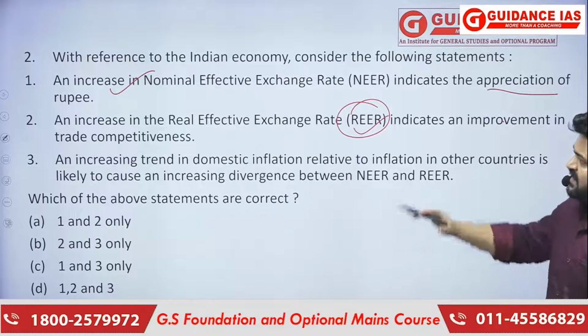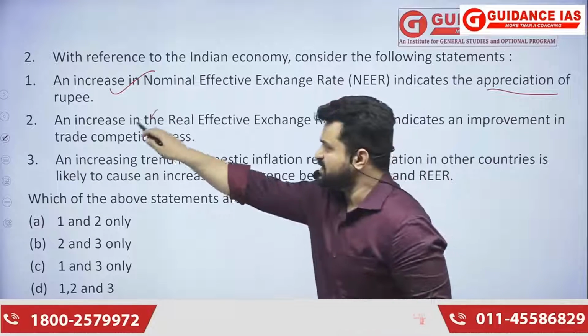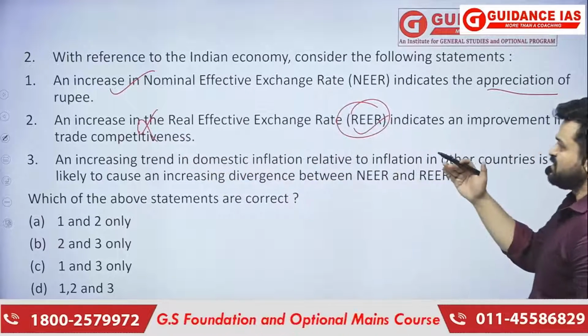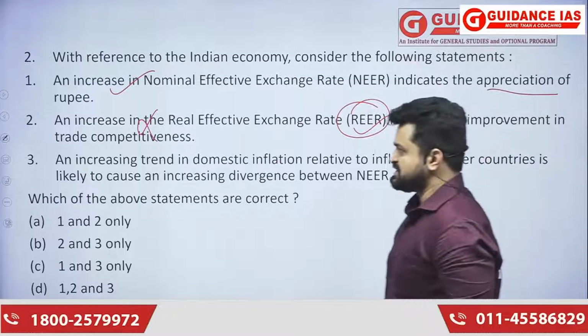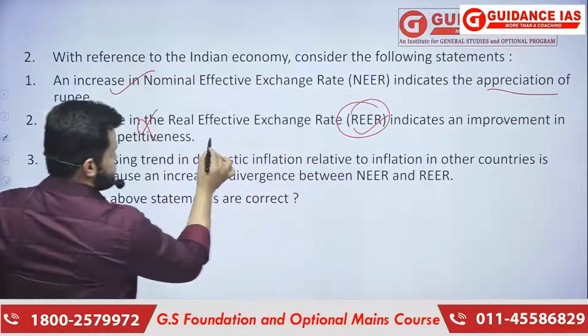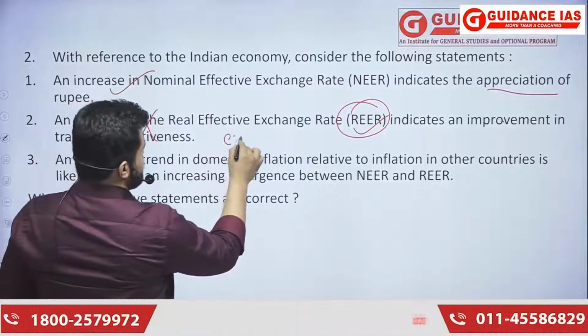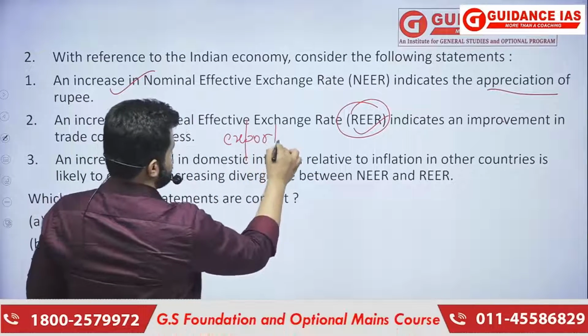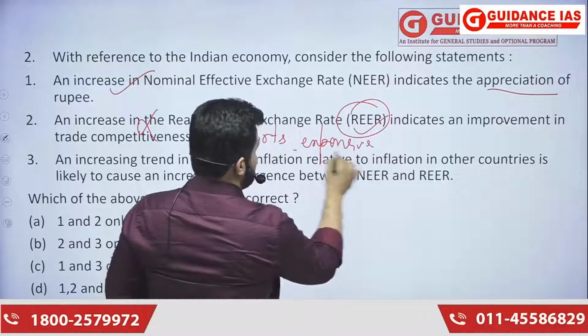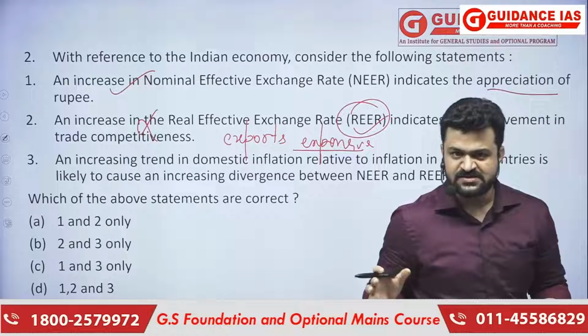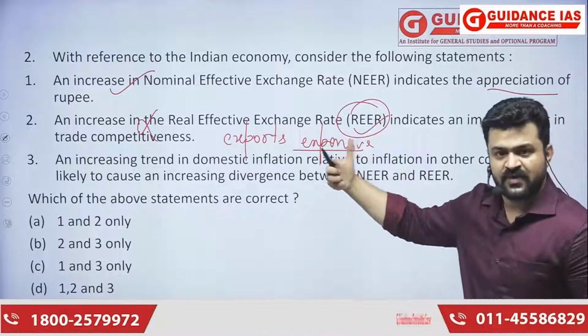Here this statement becomes incorrect, because an increase in REER is not going to indicate improvement in trade competitiveness, because an increase in REER actually makes your exports expensive. And when exports become expensive, they lose their competitive edge.